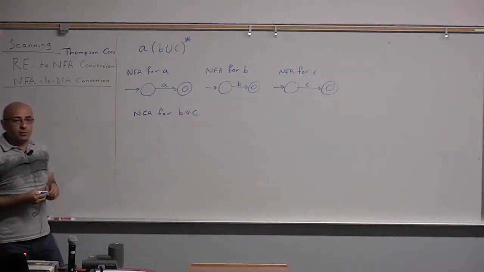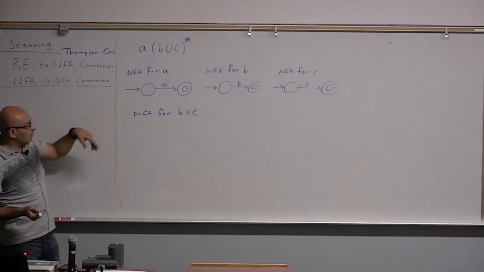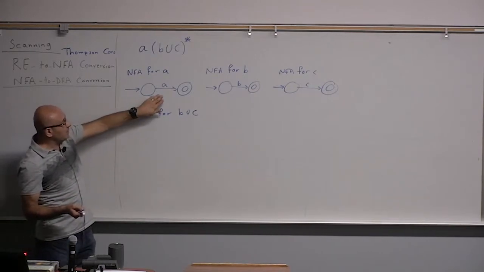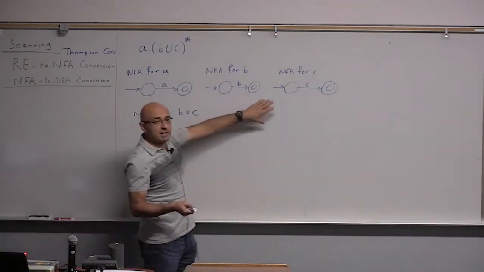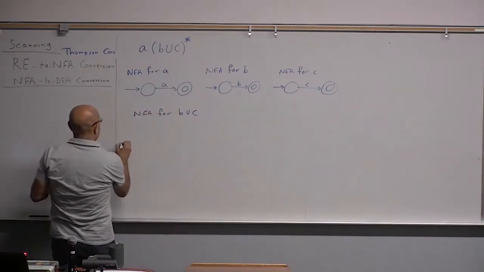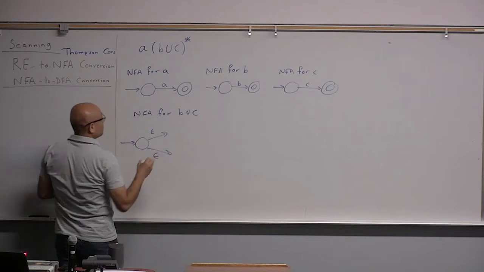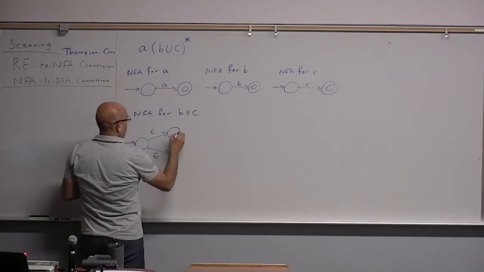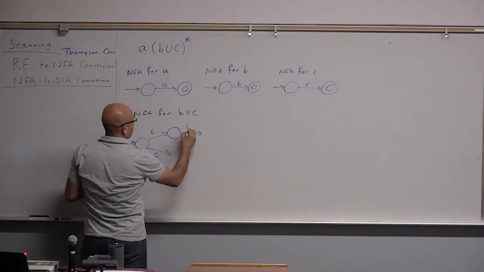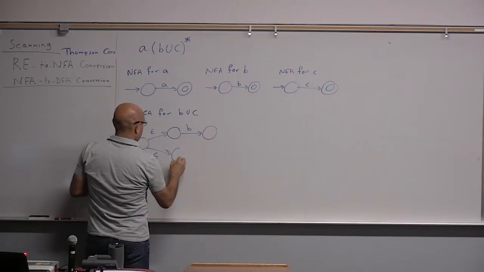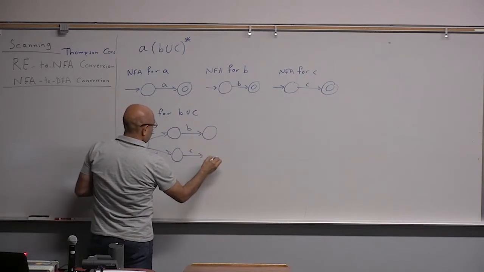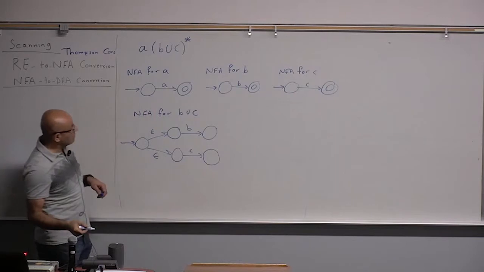So using the rules that we just had on the board, constructing an NFA for the union, we will just branch, right? So we will do this, epsilon, epsilon, and then this is B, and then this is C. Then what?